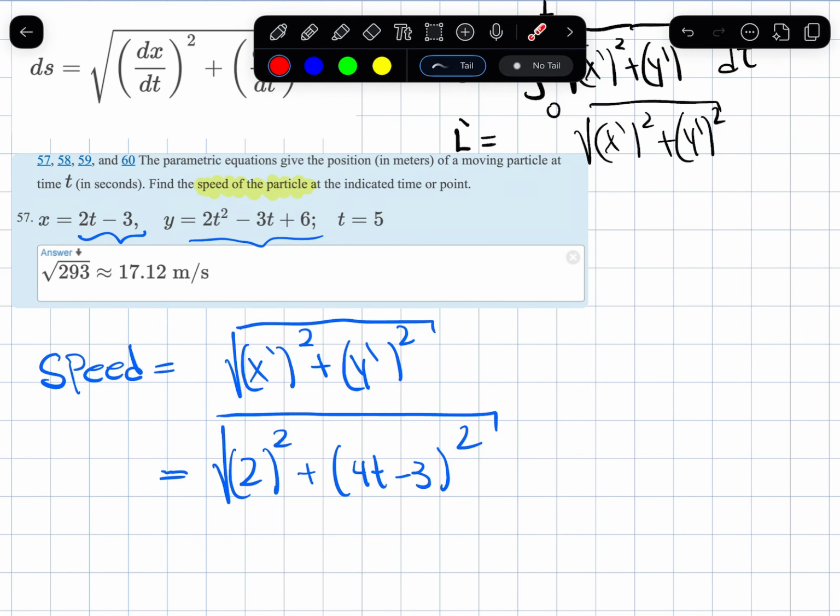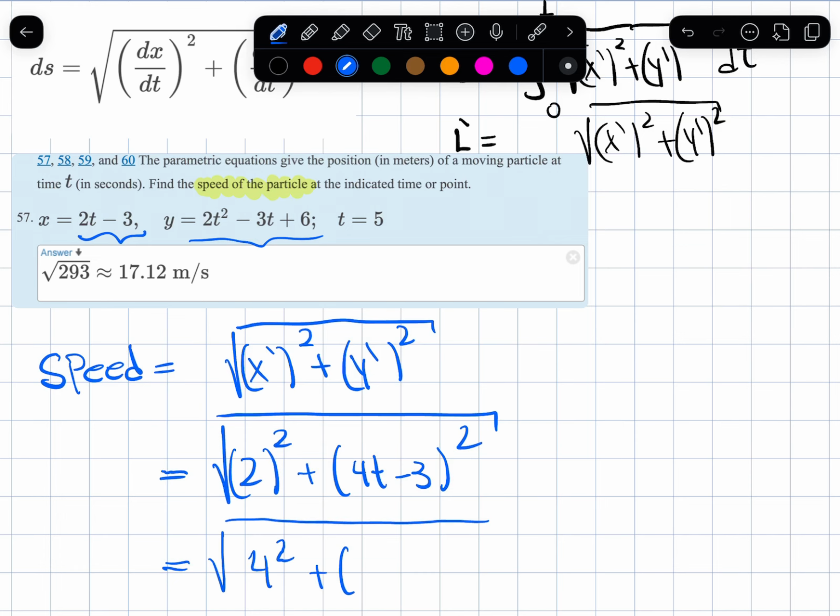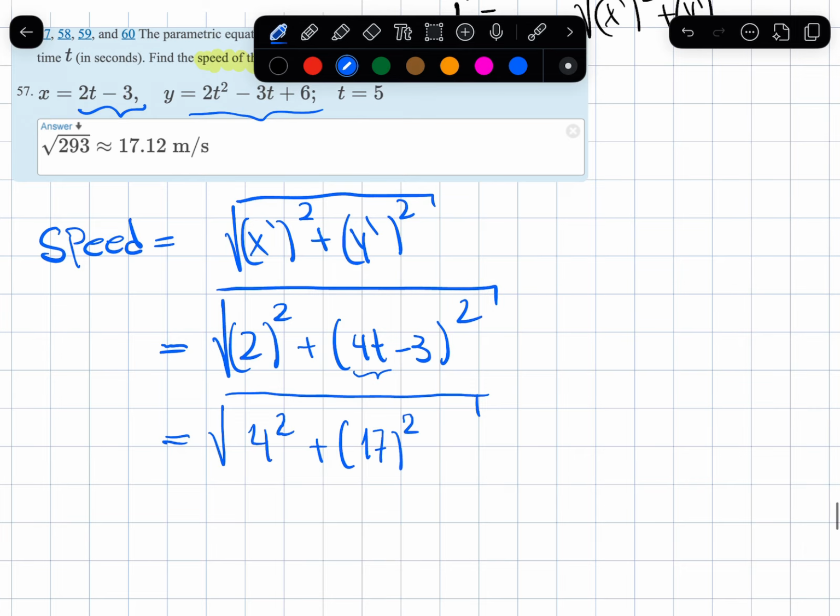I can FOIL and expand this right now, but because the problem is specifically asking me about t equals 5, there are no derivatives to be taken anymore, so I can just calculate these with t equals 5. So it's going to be 20 minus 3, 17. And so I've got to square 17. You don't have to know all squares.